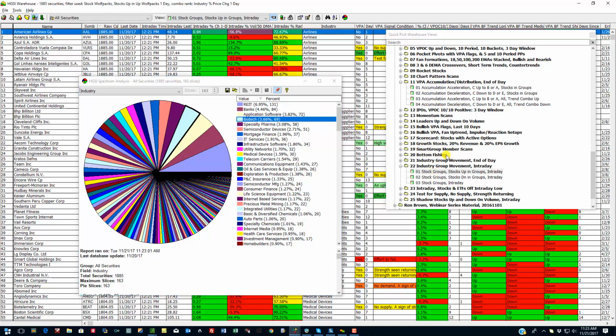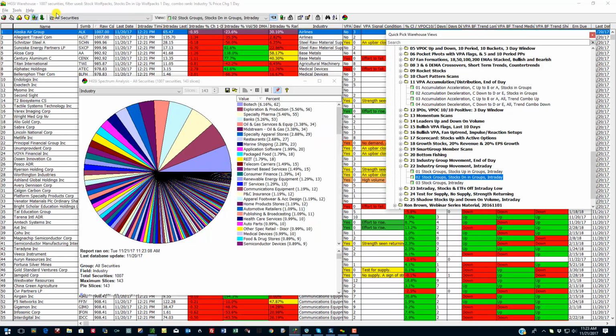There's 1885 stocks that are up and 1007 down, so it's not running quite 2 to 1. I thought it would be stronger than that, with the NASDAQ futures up over 1%.